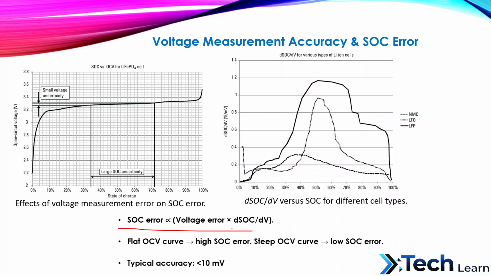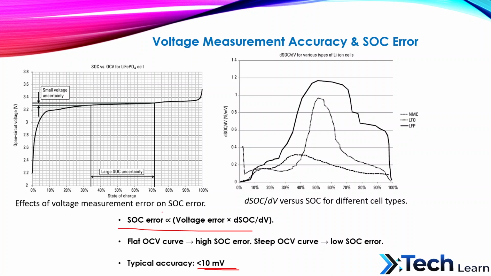If the open circuit voltage curve is flat, like in LFP chemistry, even a small voltage error causes a large SOC error. If the curve is steep, SOC estimation is more robust. Modern BMS ICs typically provide accuracy better than 10 millivolt.